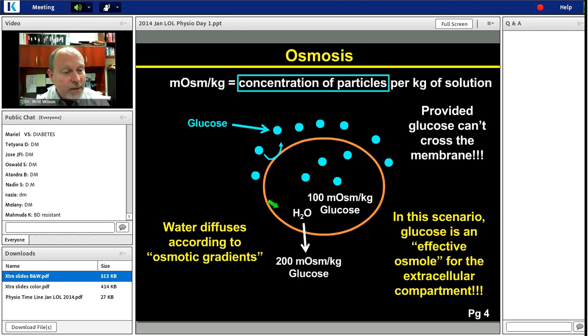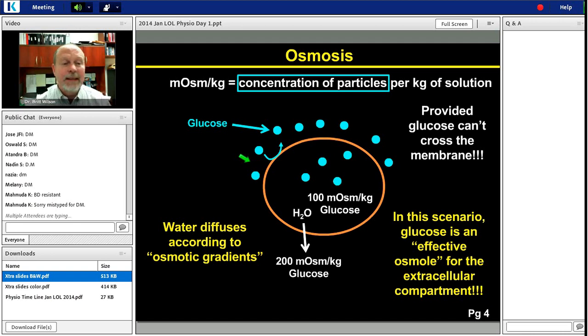We understand glucose gets into the cell, GLUT4, adipose, skeletal muscle, so it's not that effective of an osmole in the extracellular space. But we also have to be able to work with the idea in pathology states. In diabetes mellitus, glucose is building up outside the cell. That pulls water from the inside compartment, where there's more, to the extracellular compartment.